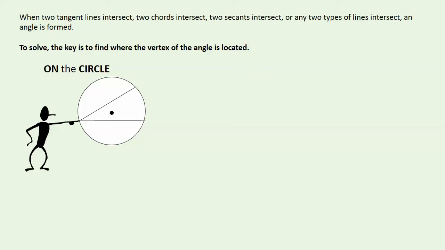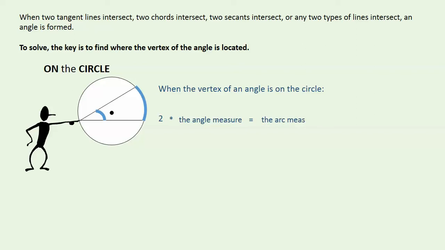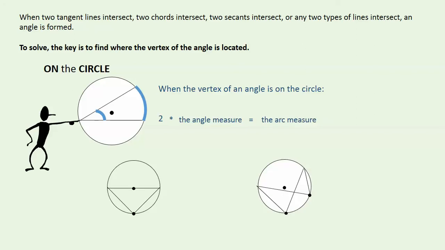When two lines cross on the circle, we're going to find that if we take 2 times the angle measure, it's going to equal the arc measure. Now, noticing the picture on the left, we see that the angle is across from an arc that has the diameter as endpoints.